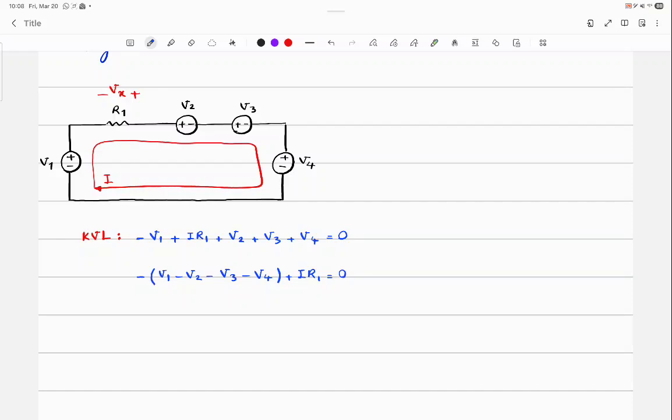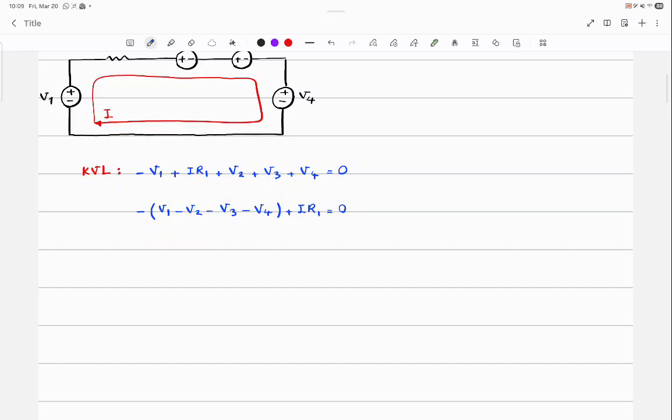I just factor out the negative of all the voltage sources, and yeah, I get to this point. And whatever is inside the parentheses, I'm going to call it VEQ. So from here, I can write negative VEQ plus IR1 is equal to 0.